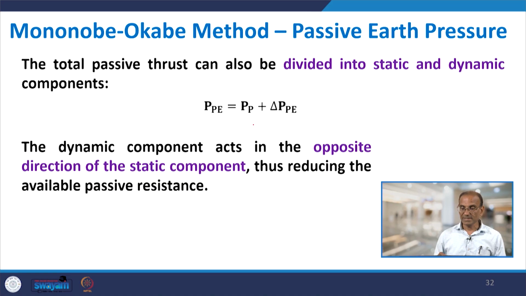So, with this, the total force will be like in the case of active, here also it will be PP plus delta PE, where PP is static passive pressure and delta PE is the dynamic component which can be found, and the dynamic component acts in the opposite direction of the static component, thus reducing the passive resistance. So, this will be the total passive thrust. It is a similar way as we discussed in case of active earth pressure.